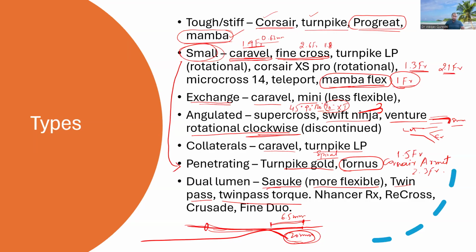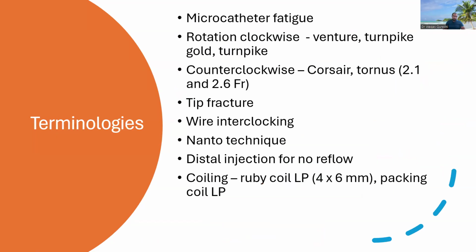So if possible, you should get this one. And sometimes Twin-Pass Torque is helpful because you can torque. You can torque even the Suzuki, because sometimes the wire is not in the direction of the entrance. So you may have to torque the catheter to get the direction towards where you want to penetrate.